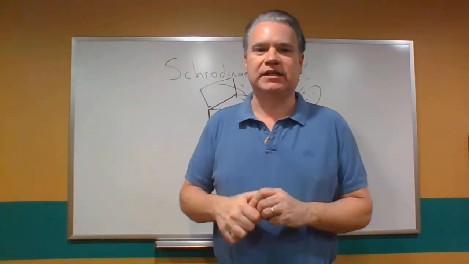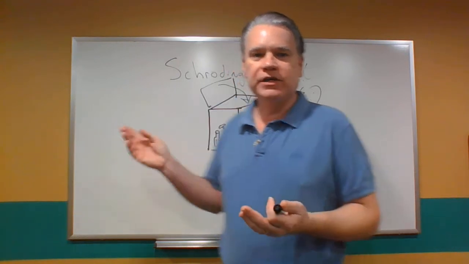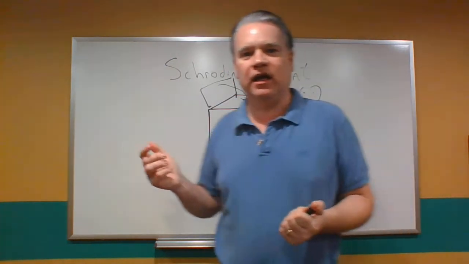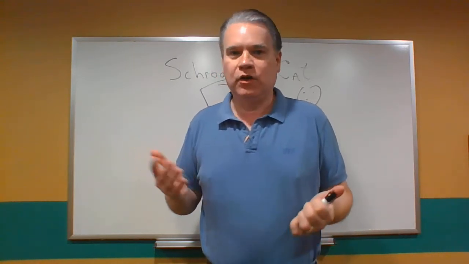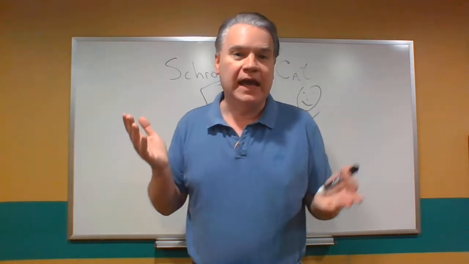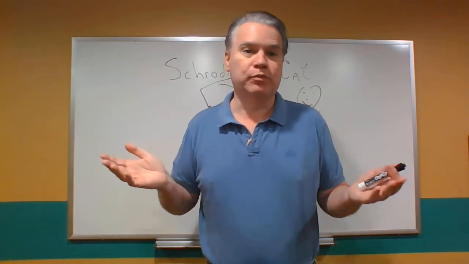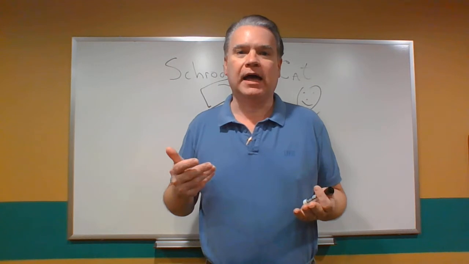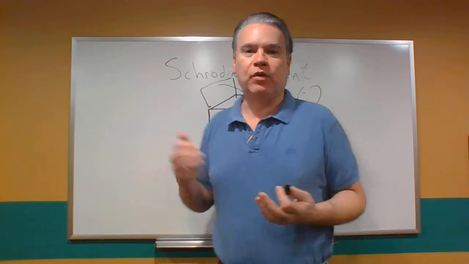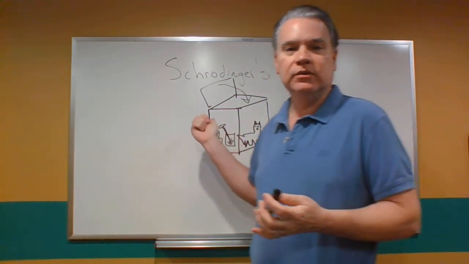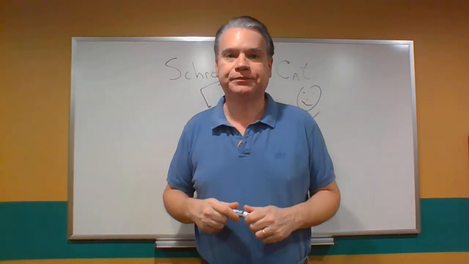And what this says is that after a while, because of the acausality of the decay of a radioactive atom, the quantum states of whether the atom decays or whether the atom doesn't decay, these two possibilities are superimposed upon one another. And because of that, it's indeterminate or uncertain as to whether this mechanism is going to break the glass vial and kill the cat. You just don't know.